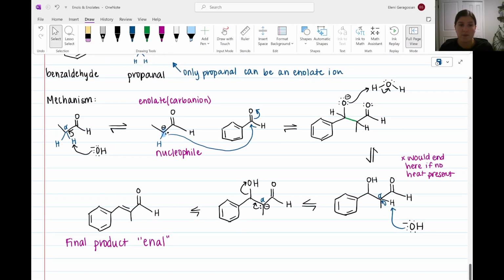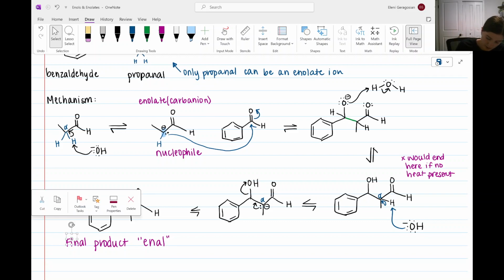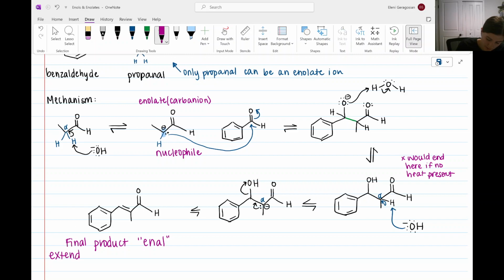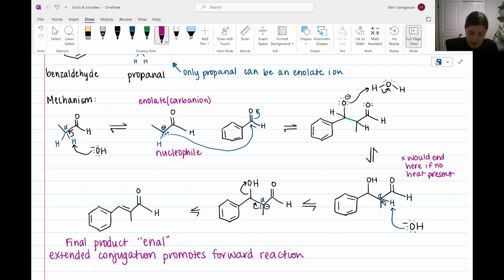Now, I've mentioned in previous videos that forming conjugation in the final product promotes the forward reaction to produce the enol. In this case, when you're using benzaldehyde, that conjugation is extended even further. So we have extended conjugation. And this promotes the forward reaction. Let's think about which atoms are conjugated here.